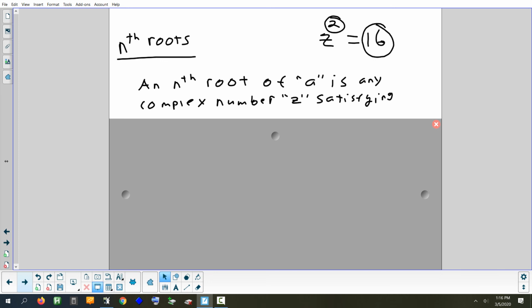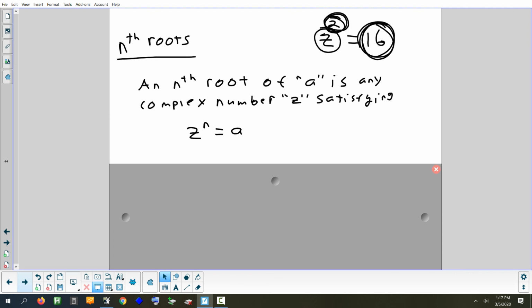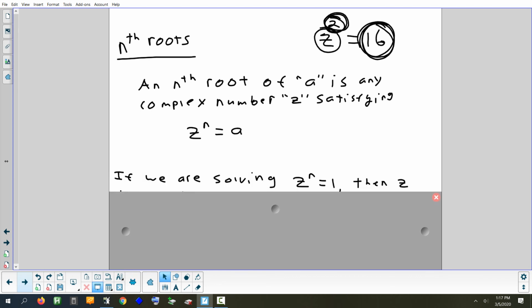They have to tell you this in the problem, and they have to tell you this in the problem. What they're not going to tell you is that. You have to find that. In this case, it would be 4. That's the answer to the square root of 16. So you're setting up an equation just like that every time. That's your first step.